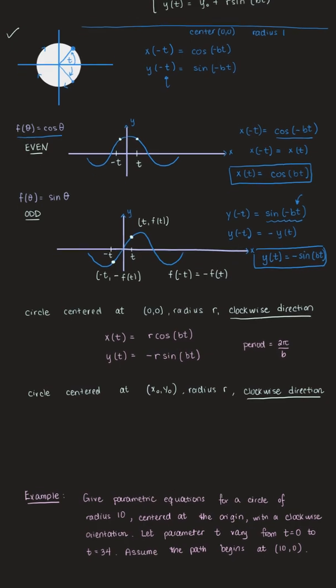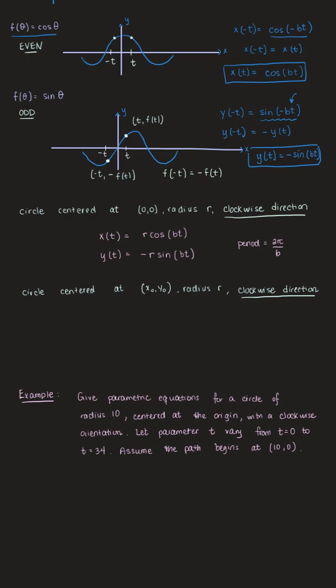If we move the circle so that its center is at x0, y0, the equations will shift just like they did above in the counterclockwise direction. So now we're going to add x sub 0 to r cosine of bt. And then for y of t, we're going to add y sub 0 to negative r sine bt.